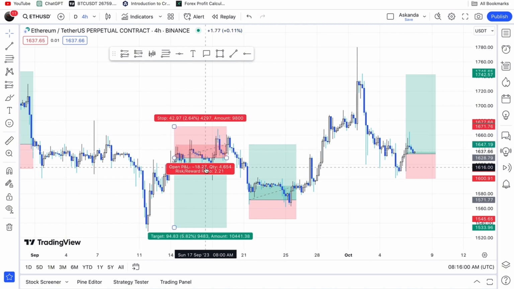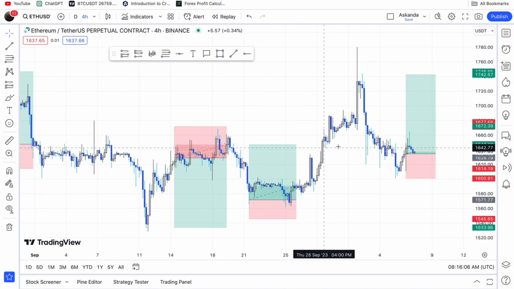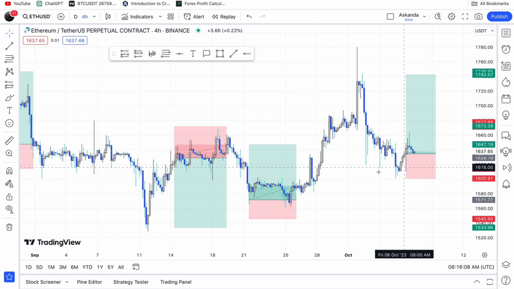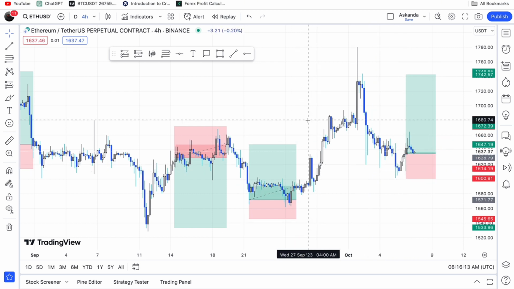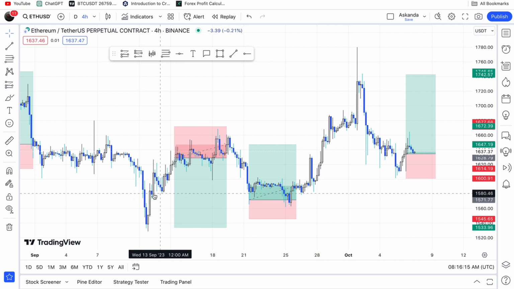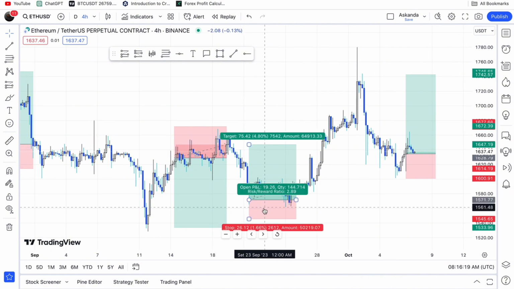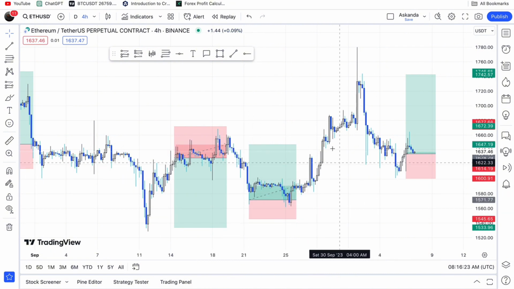So this strategy works in the 4-hour time frame. When they say 4 hours, it means that each candlestick that you are seeing has taken about 4 hours to form. The reason why I'm now using blue and white candles is because I was very emotional about my trades when I was using the red and green candles.